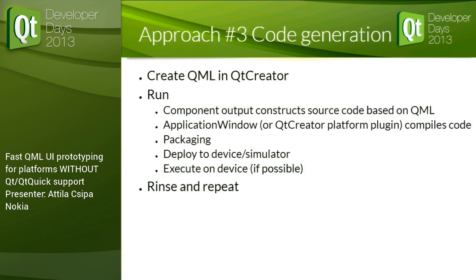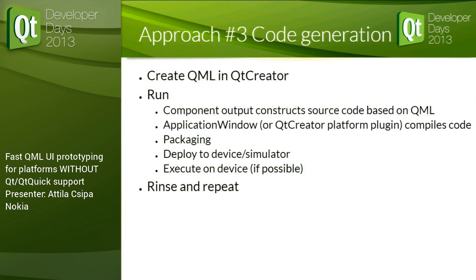And finally, a bit more challenging, but also a lot smarter approach is code generation. It's very similar to the previous one. So I write my code in QML, but the output is actually source code. For example, if I was writing for this guy, when I run my QML viewer, I end up with a Java file that I can then compile and push to the device.